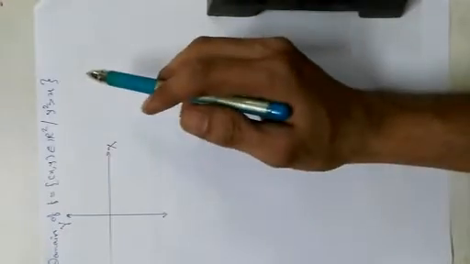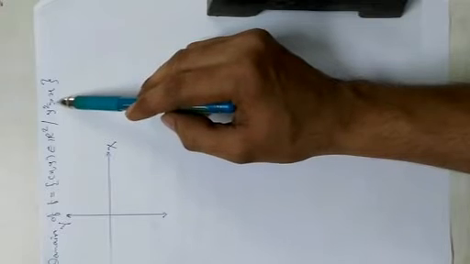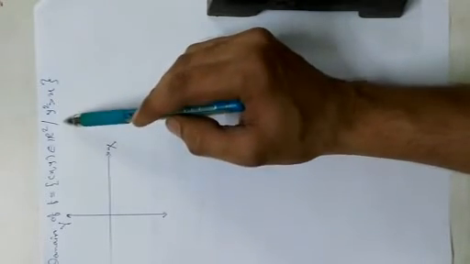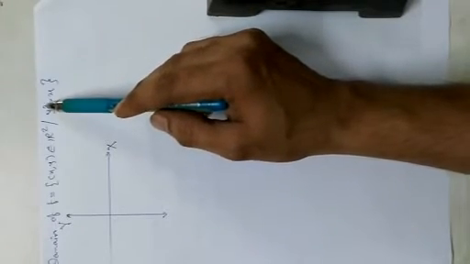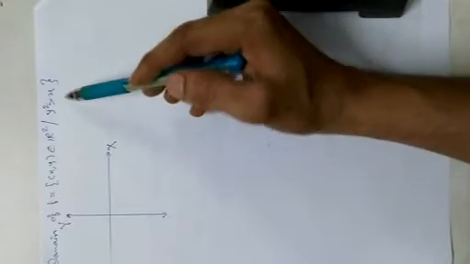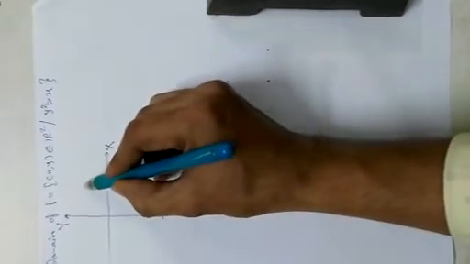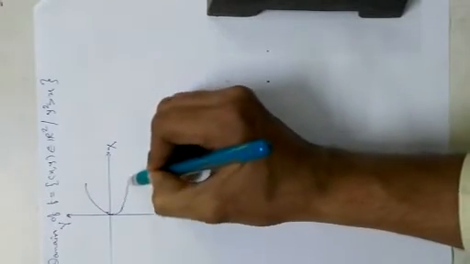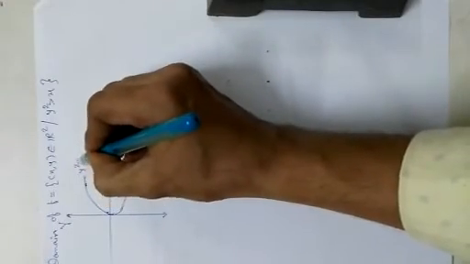Now consider this inequality which is y square greater than x. Convert this inequality into an equation. Then we will get y square is equal to x, which is the equation of a parabola symmetric about the x axis. This is the parabola whose equation is y square is equal to x.